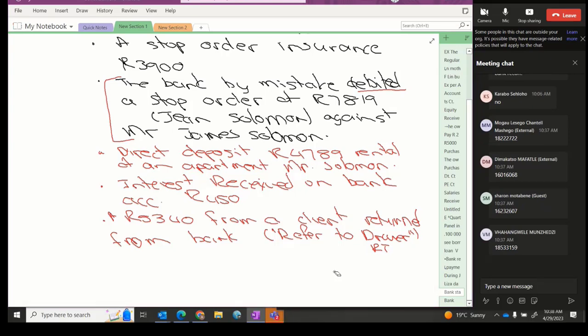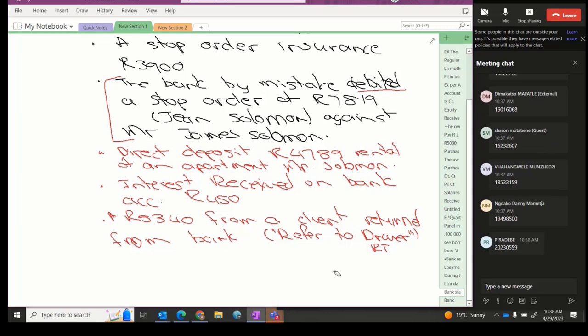Okay, just to come back to the question. The bank statement shows you now that the client that previously paid 5,340, the bank is telling you that the check they issued to you for payment was actually returned, what they call refer back to the drawer, the RT.